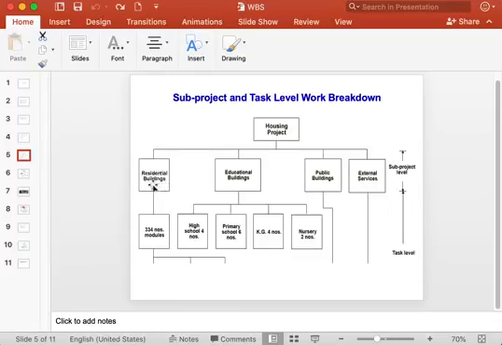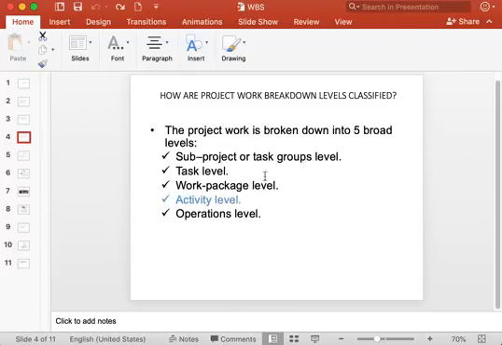So these are the major components into which the whole housing project is broken down. So the level in which this broad breaking down of the whole project into broader elements is called the sub project level or task group level, which you saw here.